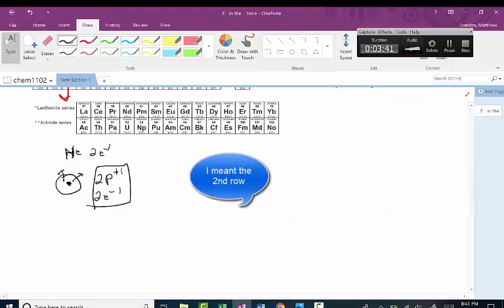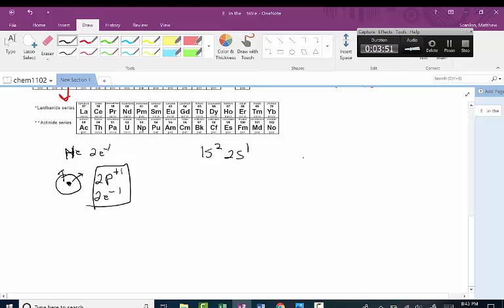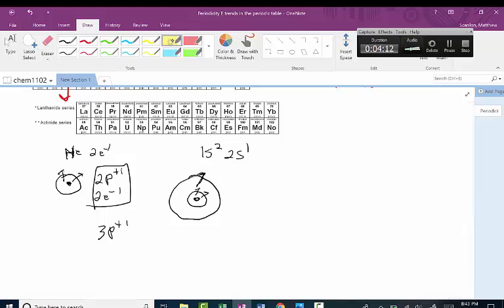Okay, so for the second shell, I start with lithium, and I have 1s2, 2s1, and so my lithium consists of my nucleus with 3 protons, and I have my first shell in here with 2 electrons, and my second shell out here with 1 electron. And so what I can envision is these 2 electrons cancel 2 of the positive charges.